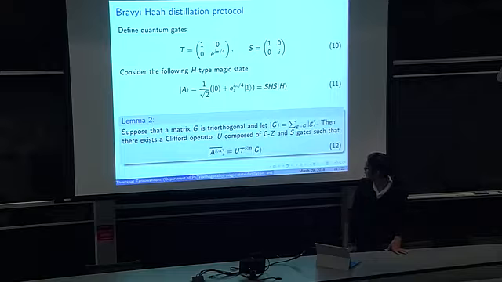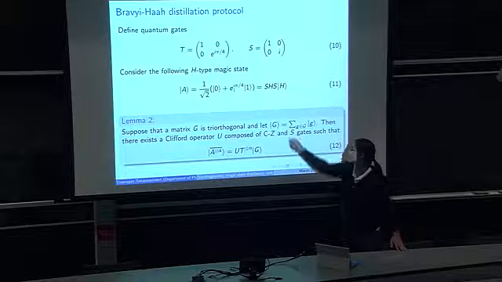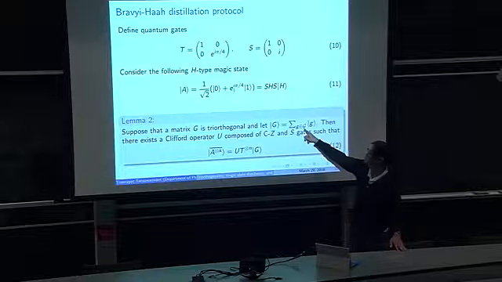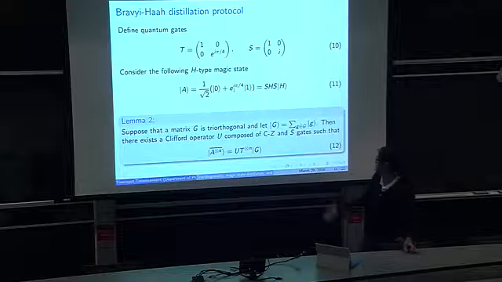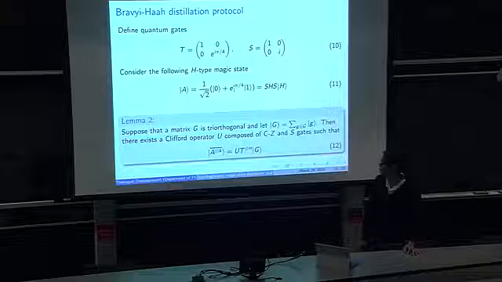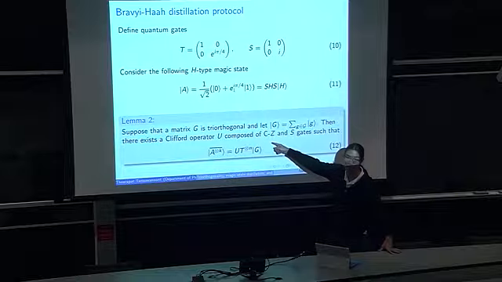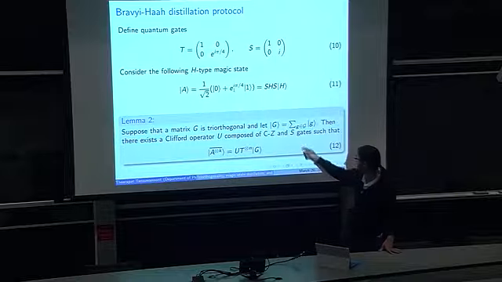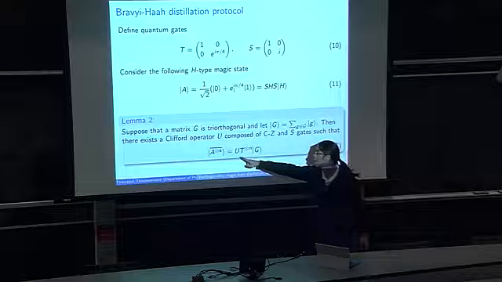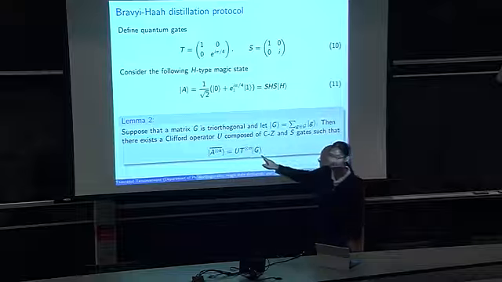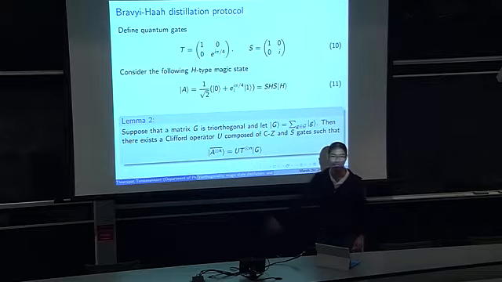And in the paper, Bravyi and Haah proved that if we have a state G, which is a superposition of all vectors from the subspace G, then there exists a Clifford operator U composed of controlled Z and S gates, such that U acting on T and on G will give an encoded A state.